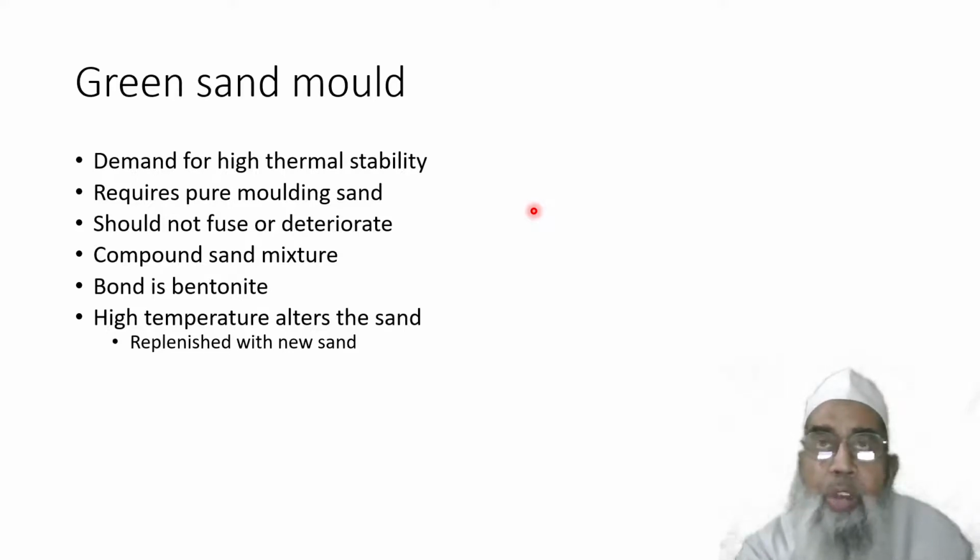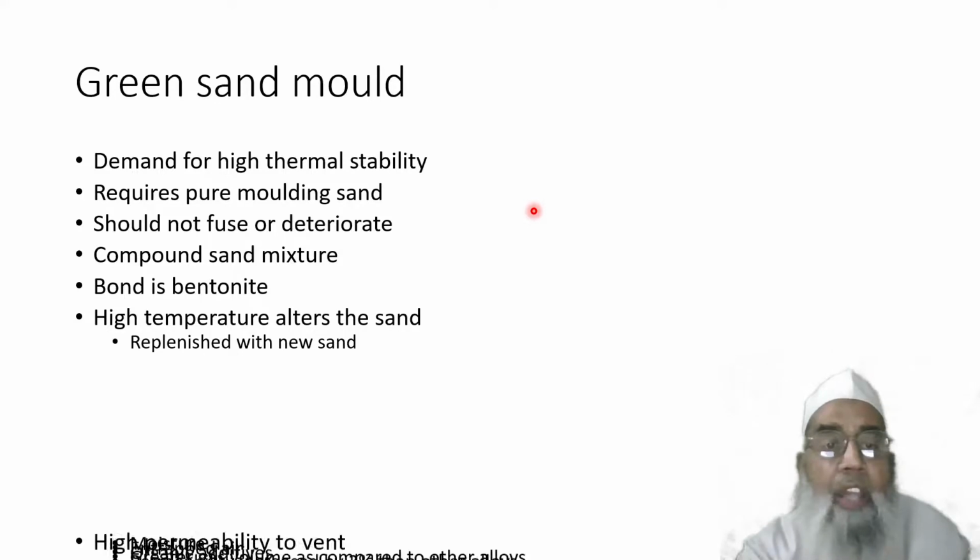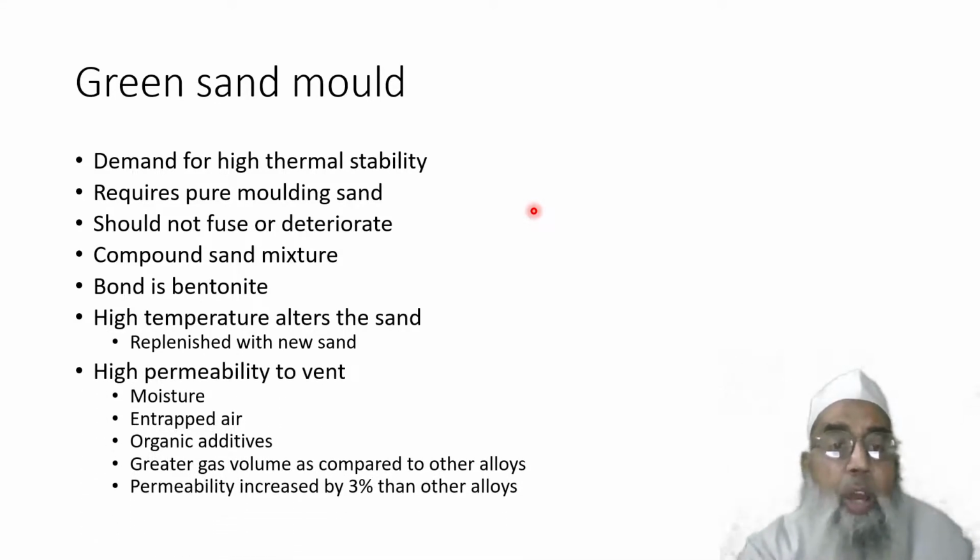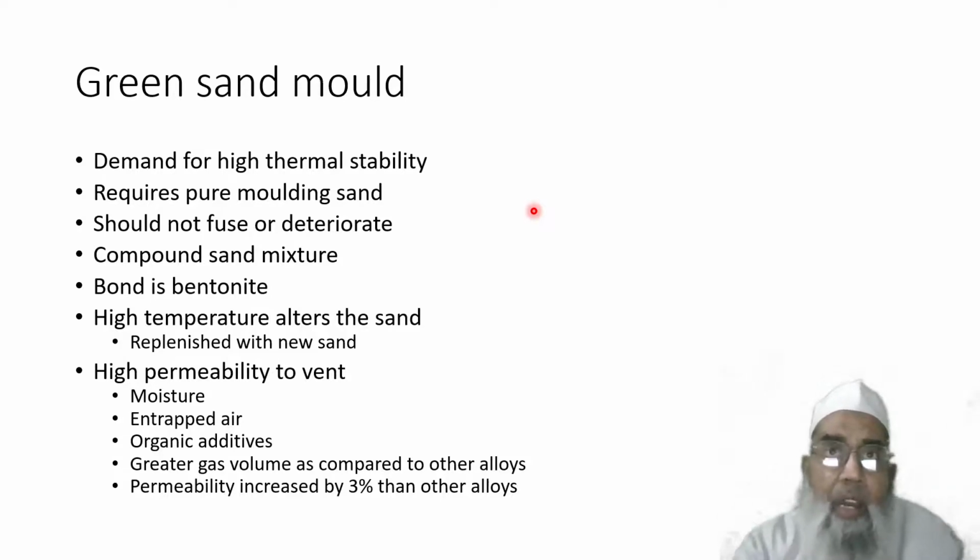Once it has been used, the property of the sand gets altered, and therefore we need to replenish it. Moreover, due to this high temperature, permeability is very important to vent all the moisture which gets expanded.